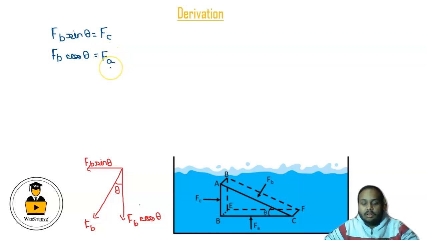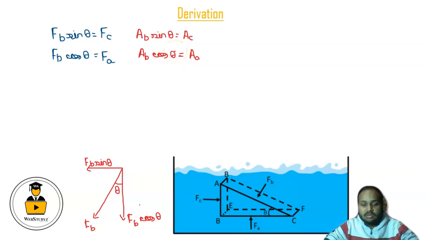From the geometry of the figure, we get AB sin theta equal to AC. Similarly, AB cos theta will be equal to AA. Here A is the cross sectional area.